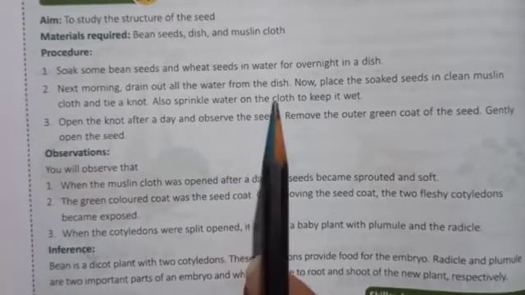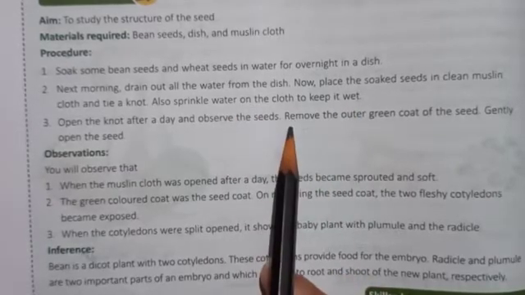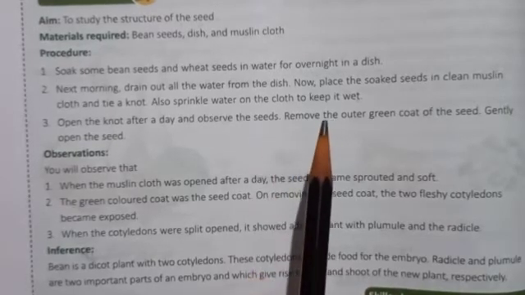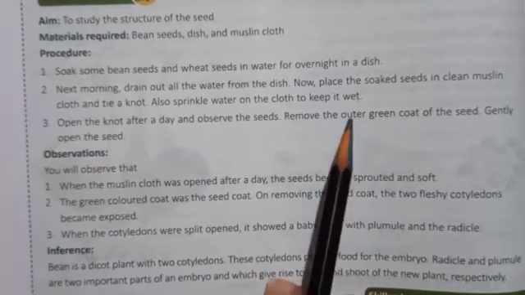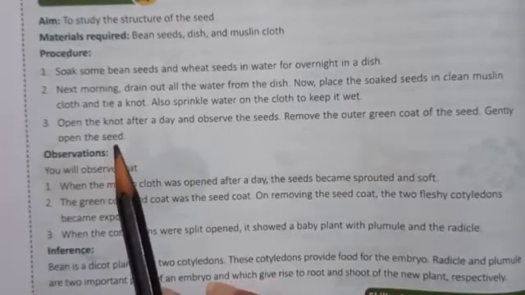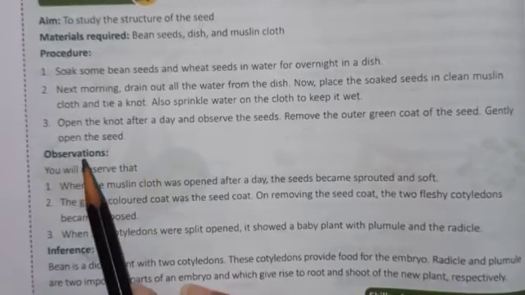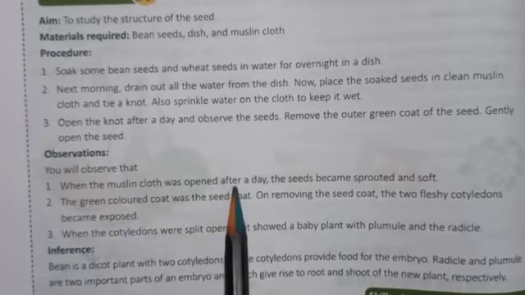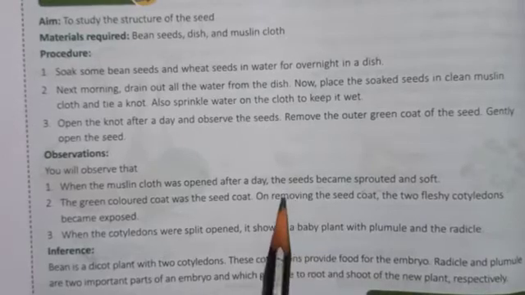So after a day, what will you observe? You will observe the cotyledons. For that you have to remove the outer green coat of the seed, and when you open the seed you will see the cotyledons. Now the observation is that when the muslin cloth was opened after a day, the seeds had sprouted and become soft.